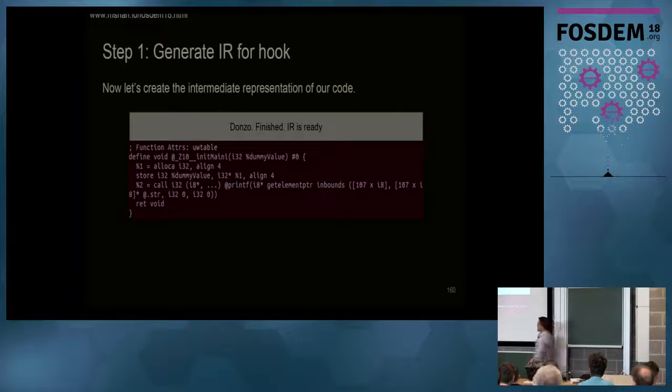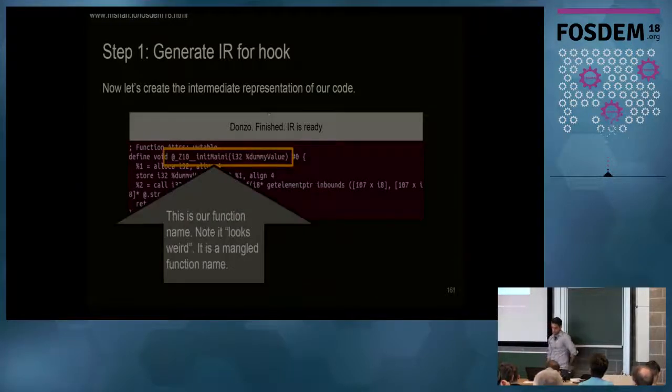So step one again is to generate IR for the hook. That little function that we're going to be inserting, the init main, create the IR representation. Well, we know how to do that using Clang, and we just emit this chunk out. So there it is.